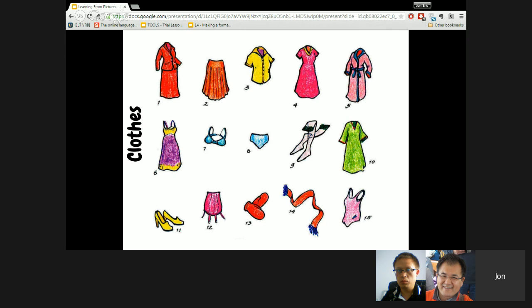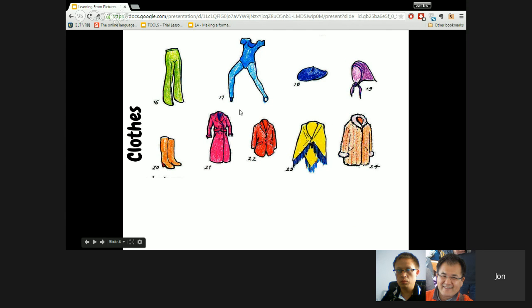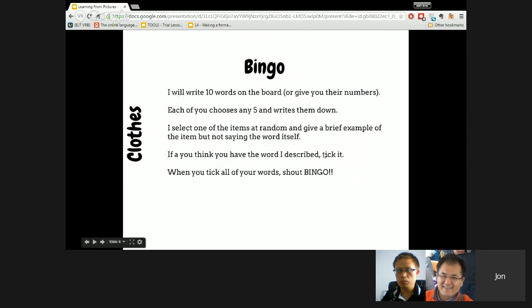Okay? And here's what we're going to do. We're going to play a little game of word bingo. Instead of words, I wrote down the numbers. I will write down 10 numbers on the board, which I just did, or give you the numbers.